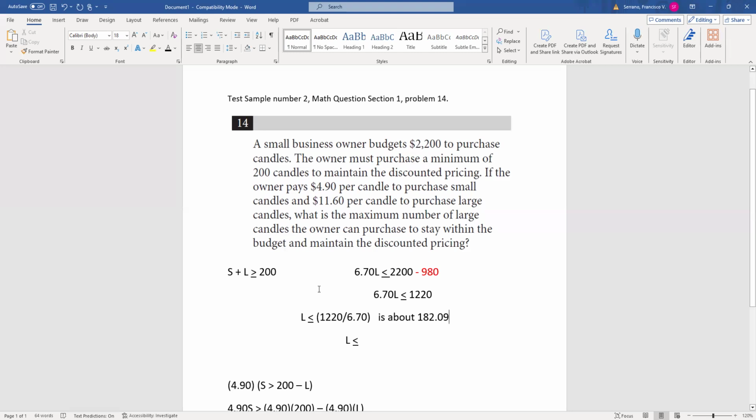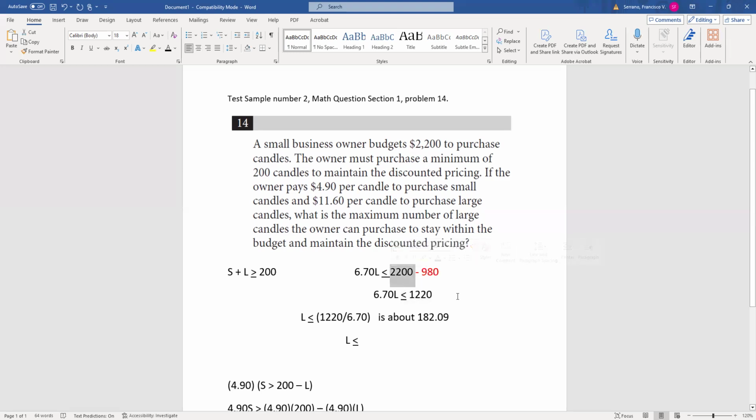So the maximum number of large candles, we cannot go to 183 candles because we would be busting the budget that we have, right?